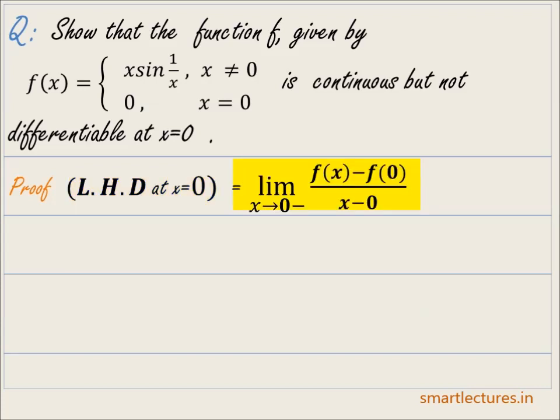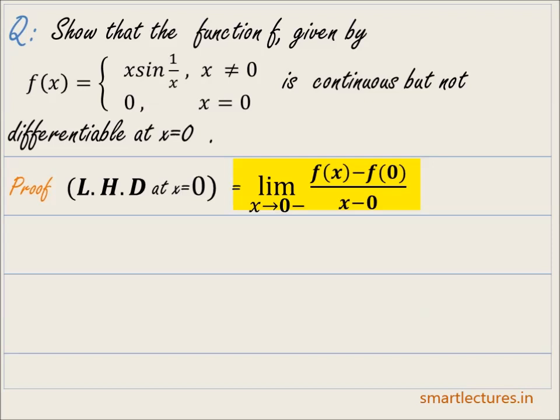approaches 0 from the left hand side, f of x minus f of 0 divided by x minus 0. And if we write x as equal to 0 minus h, then when x approaches 0, h also approaches 0.